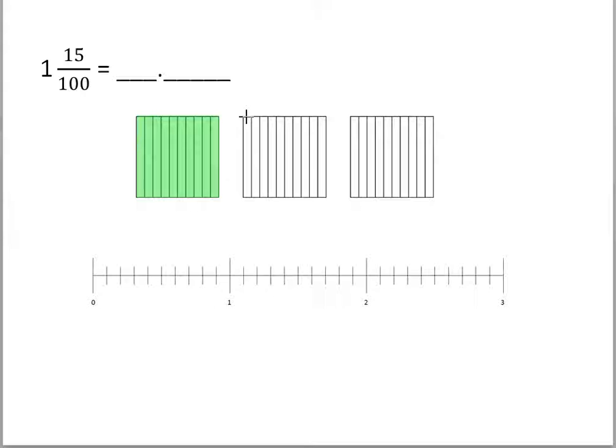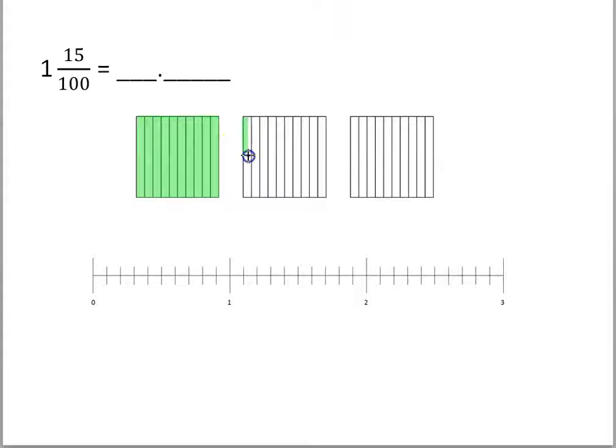also have hundredths. 1/10 is equal to 10 hundredths, 20 hundredths, 30 hundredths, 40, 50, 60, 70, 80, 90, 100 hundredths, which would be the whole thing. I only want 15.